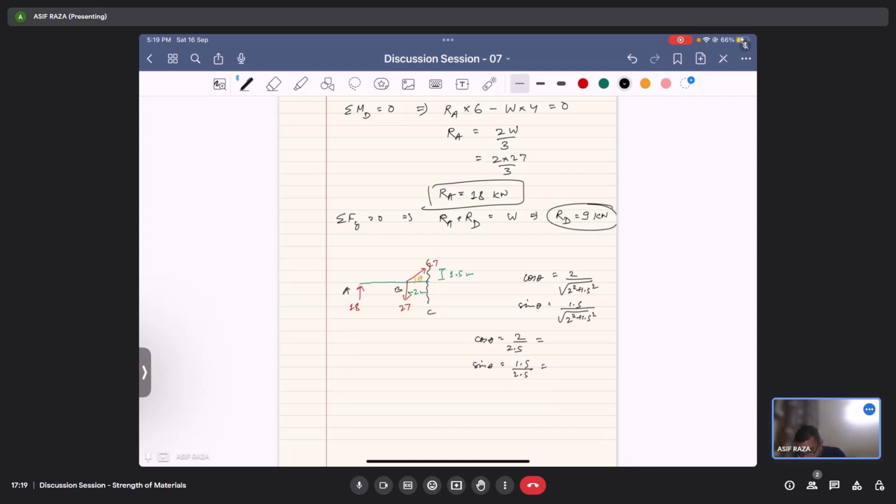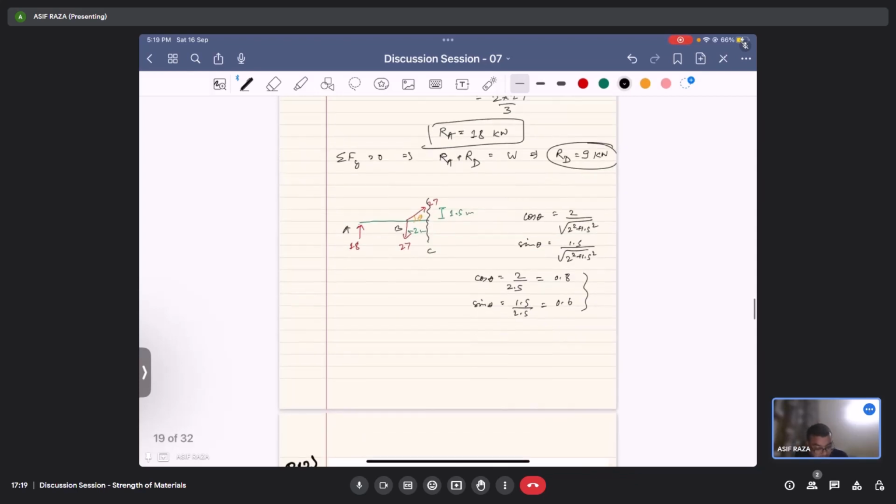So 2 divided by 2.5 is 0.8, and 1.5 divided by 2.5, this is 0.6.